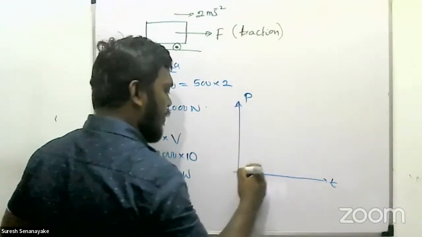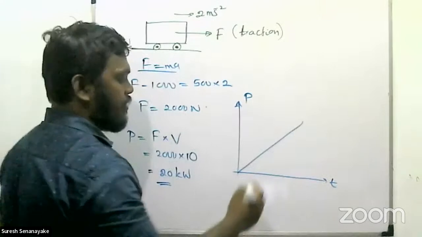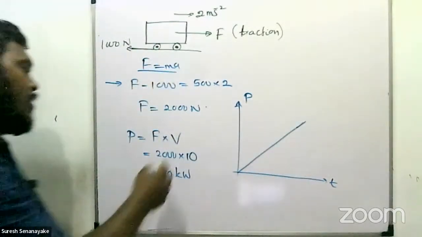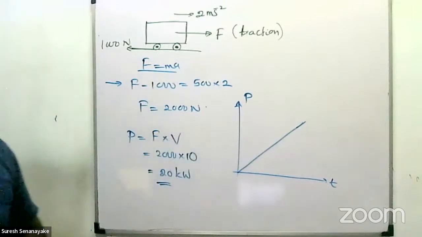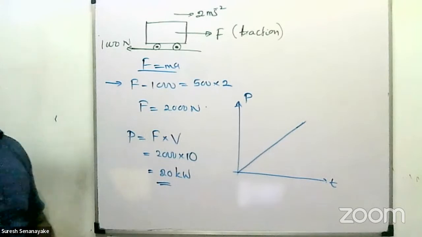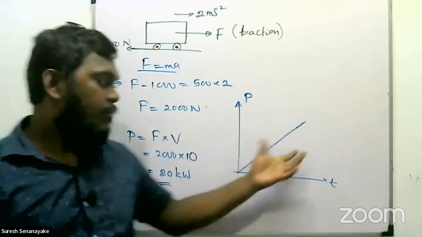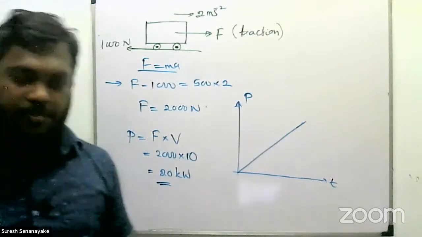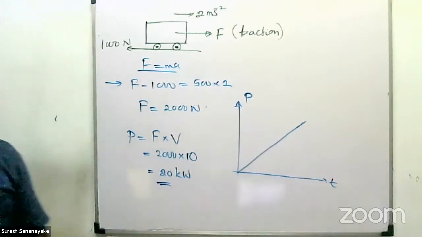So power is also similar to this. Power depends on how the velocity changes. Velocity is constantly increasing, so it's the same as the velocity-time graph when the object is accelerating.